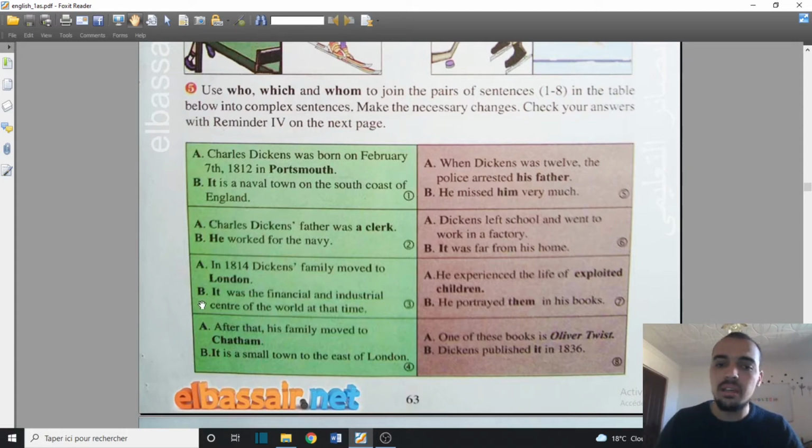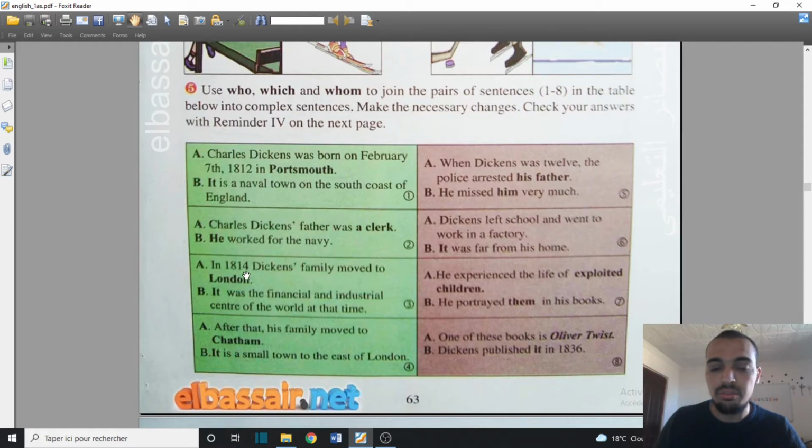Then we have the second sentence, and of course they are separated at the moment: it was the financial and industrial center of the world at that time. Do you think that the second sentence has a relation to the first one? If yes, this means that the two are relative clauses.